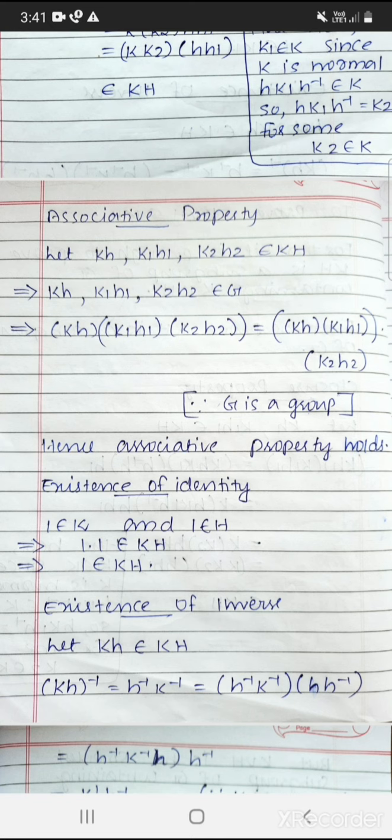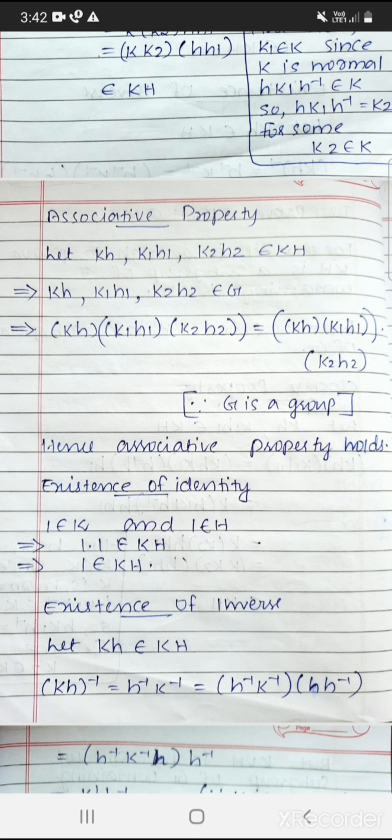If we operate two elements together and keep one element apart, we get kh into k1h1 into k2h2, which can be written as kh into the grouped k1h1 into k2h2.